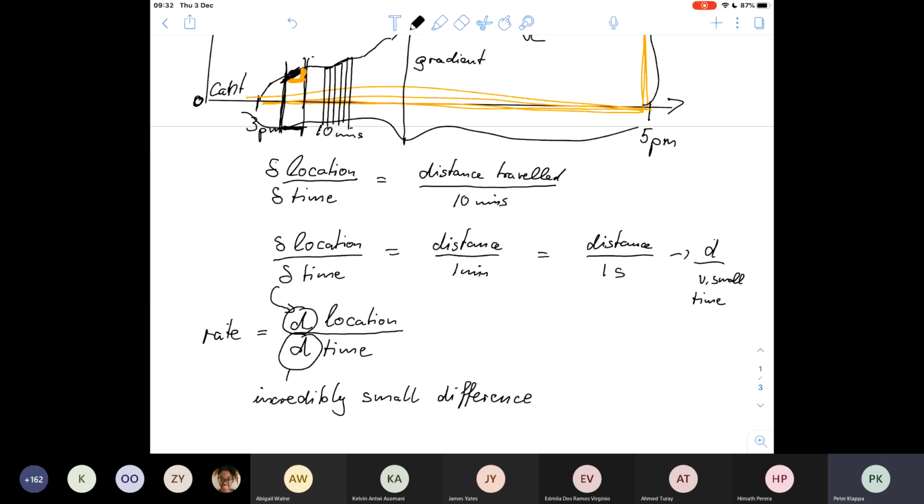The gradient at any point is given as d location divided by d time.